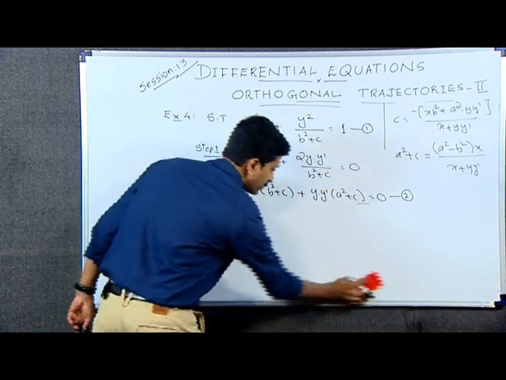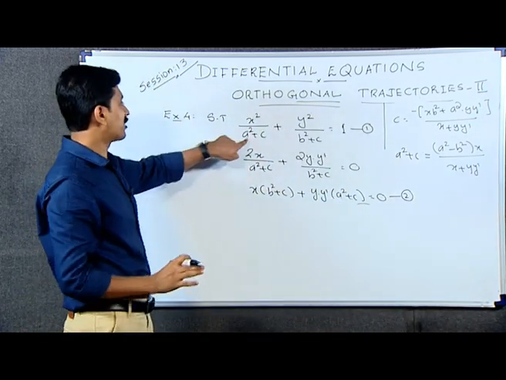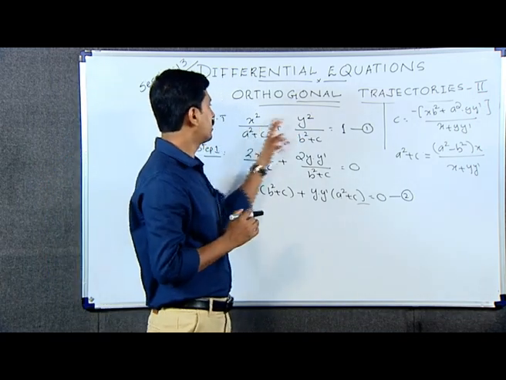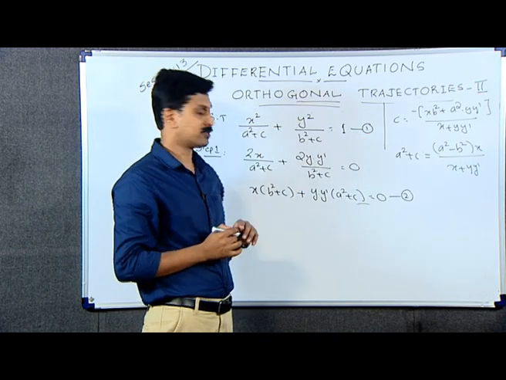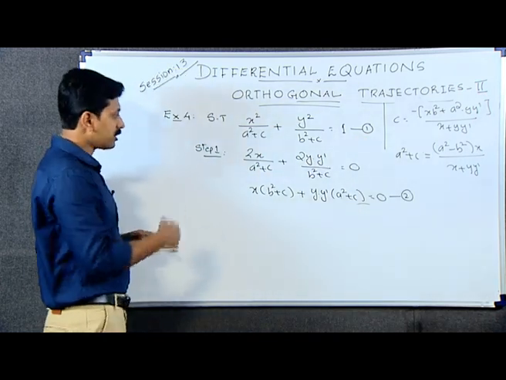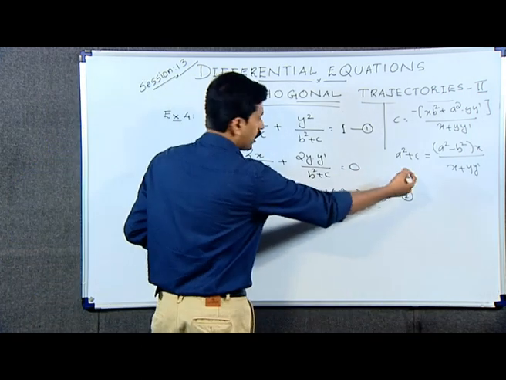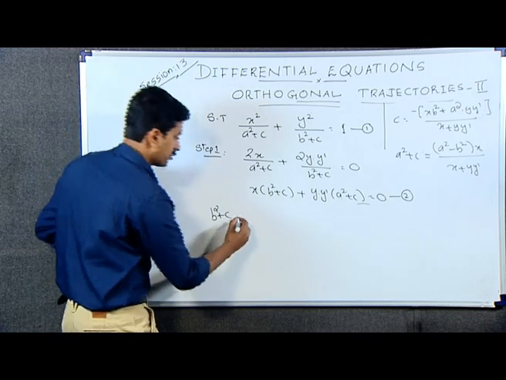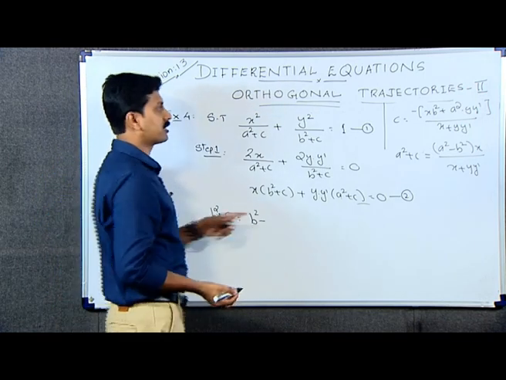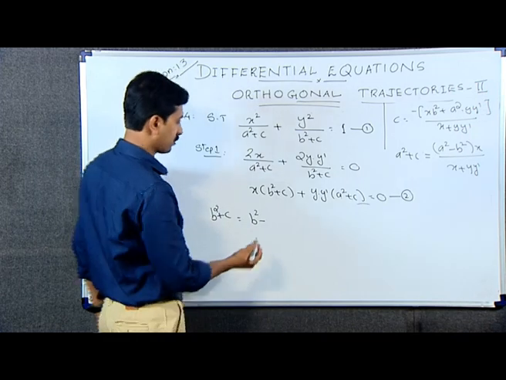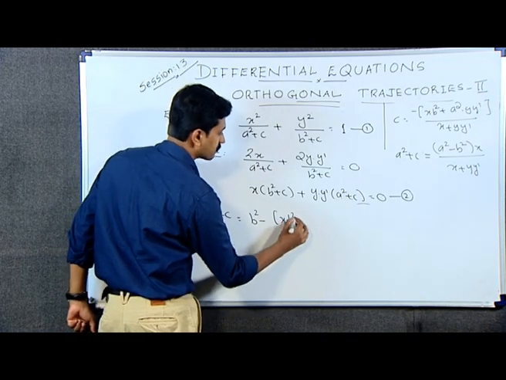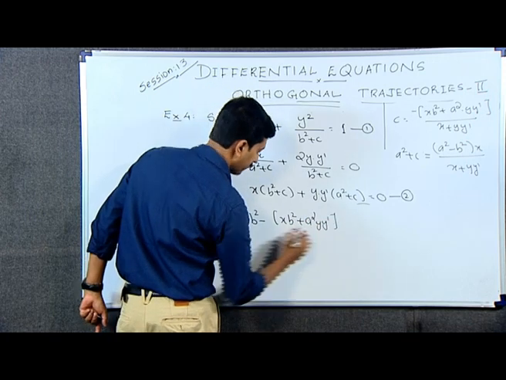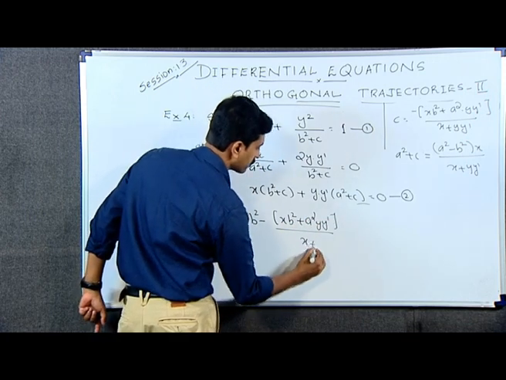Why am I finding a square plus c and b square plus c? I would like to find a new formula for this equation 1. So, as well as a square plus c, I am trying to find b square plus c, that is equal to b square plus c, and we know that c is minus of x b square plus a square y y dash divided by x plus y y dash.